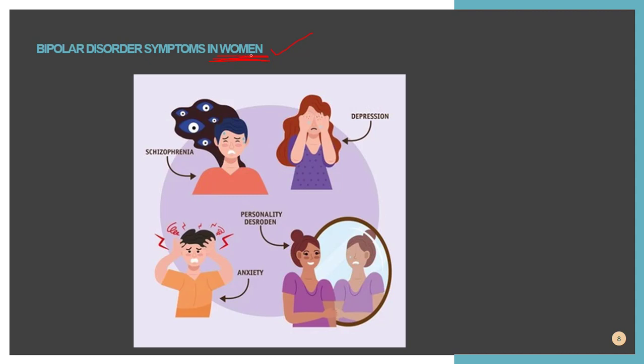So women with bipolar disorder may also relapse more often, and this is believed to be caused by hormonal changes related to menstruation, pregnancy, and menopause. So these are the signs and symptoms that you can observe in case of females with bipolar disorder.